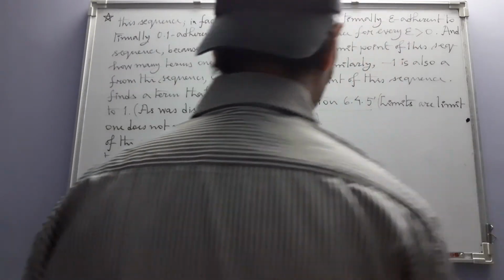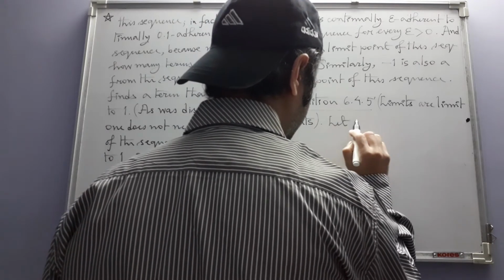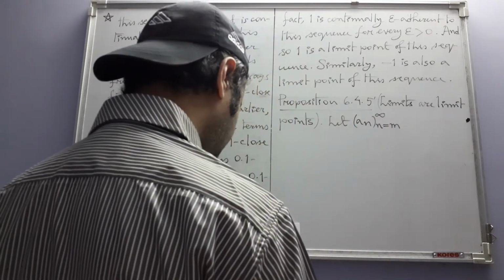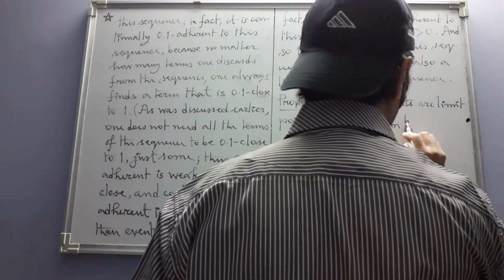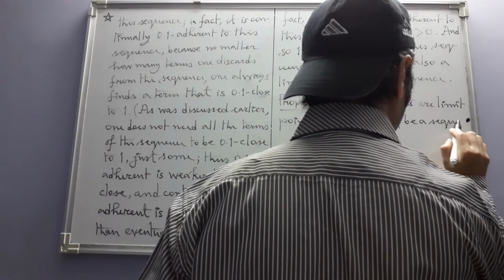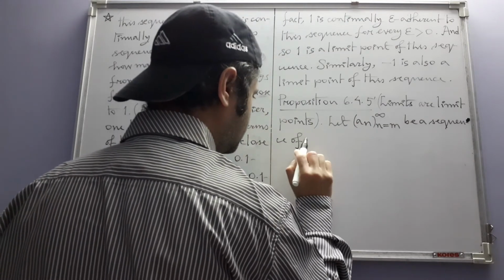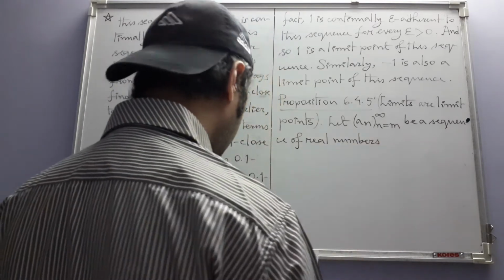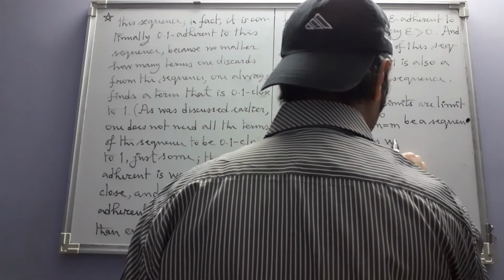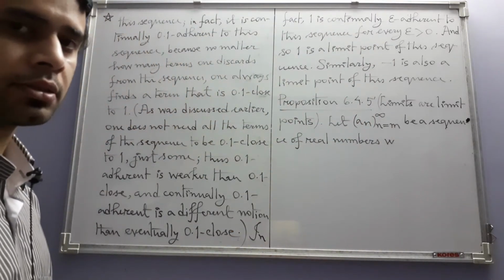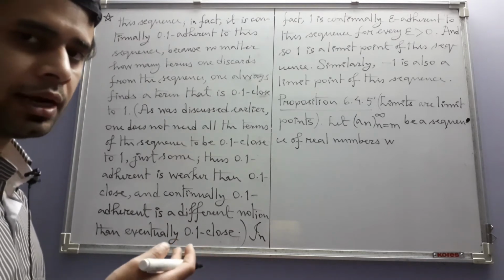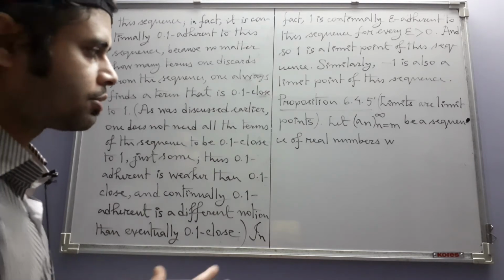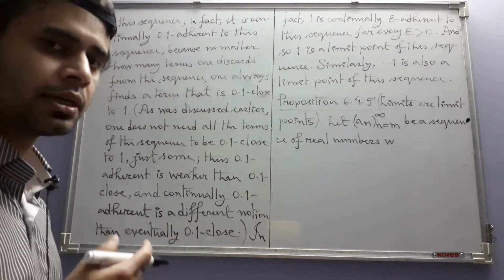So the statement goes like this: let a_n, where n varies from m to infinity, be a sequence of real numbers which converges to a real number C. Sometimes we will not write of real numbers, because at this stage we are dealing only with sequences where the terms are real numbers, unless of course they are further restricted in some way, say a sequence of rational numbers.